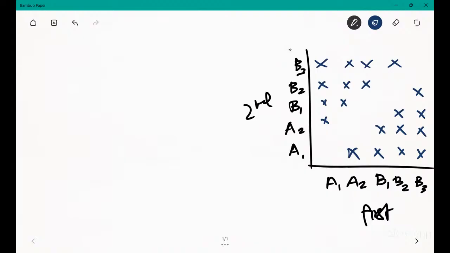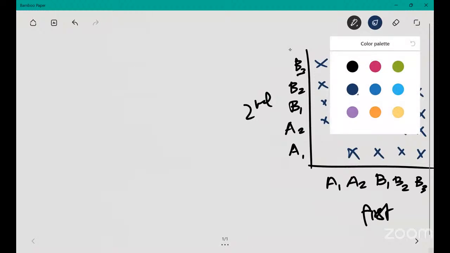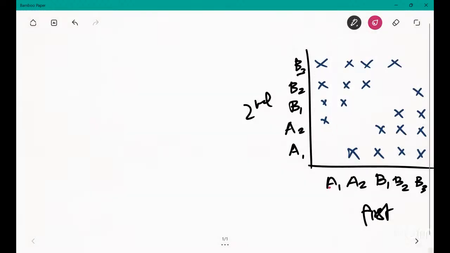And the next thing they have said is encircle the event of picking two students from the same grade and find its probability. So picking students from the same grade. So it's going to be this, like this, and this. That is one.